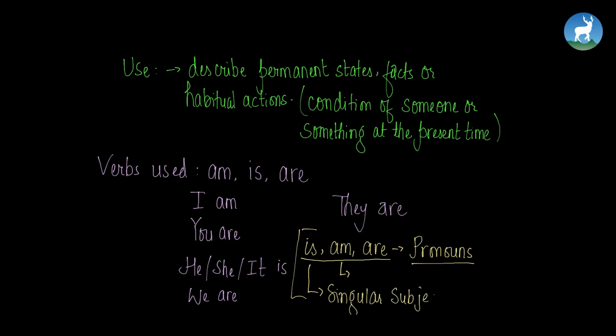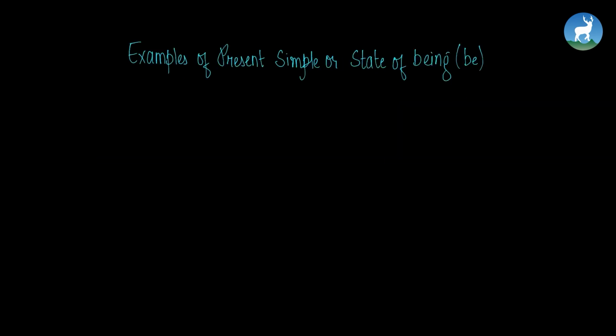In the case of is, we use a singular subject; for am we use the personal pronoun I, and for are we use a plural subject. The subjects could be nouns or pronouns. So, let's look at some examples to illustrate how the present simple tense for the state of being is used, or we can simply call it the present simple form for the state of be.